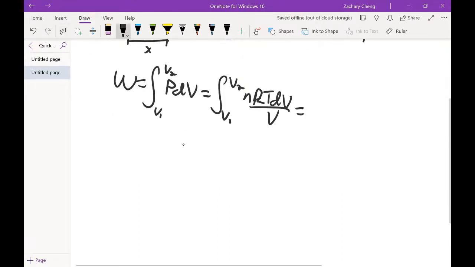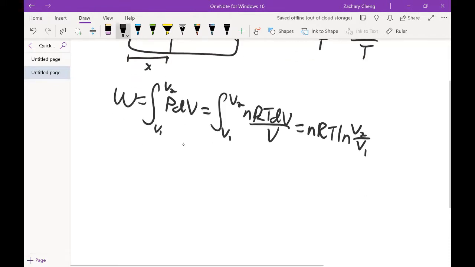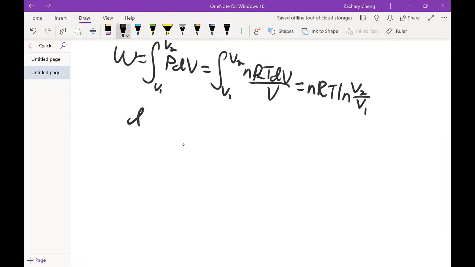And this is equal to nRT times log of V2 over V1. And so then, of course, the entropy dS would just be equal to nR times log V2 over V1.